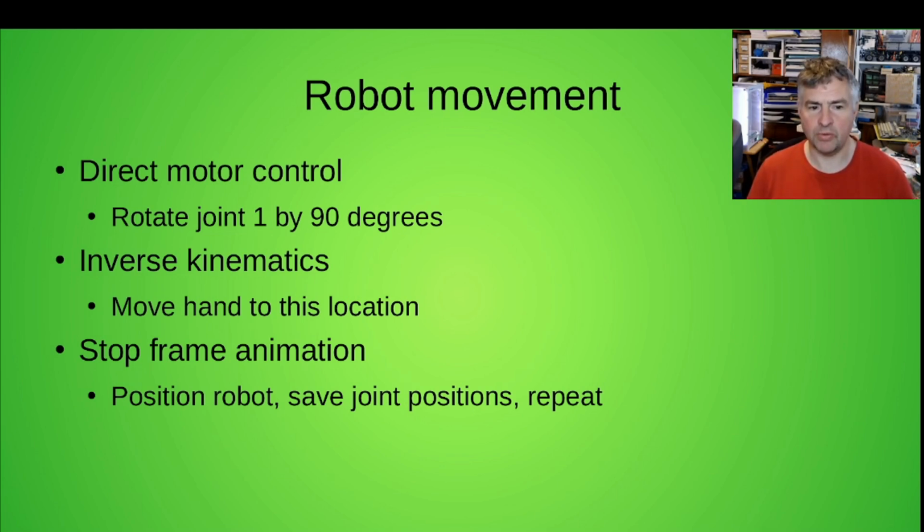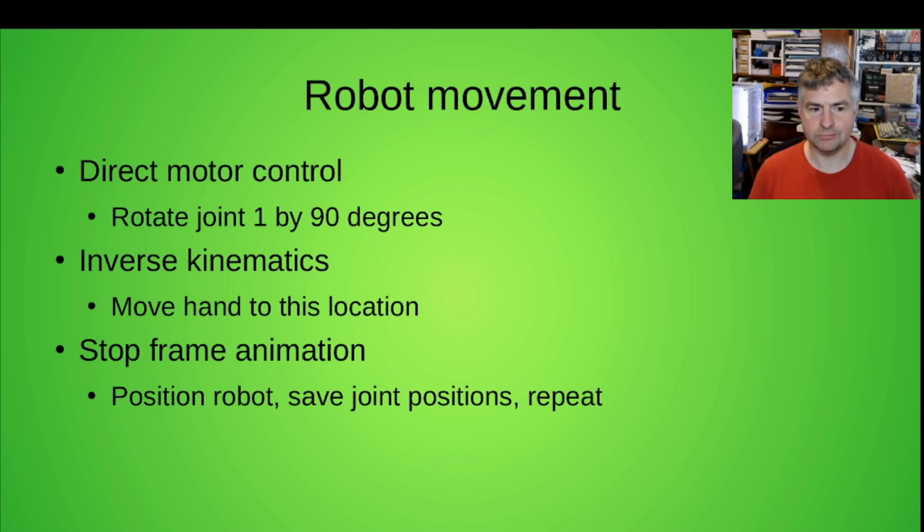So this is where you want very precise, very low level control, but it's quite involved. You have to know exactly how far or how fast every motor should move in your robot, and that might be good if you're steering a robot through a maze at high speeds. But at the same time, if all you want to do is make your robot wave hello, that's quite a lot of work.